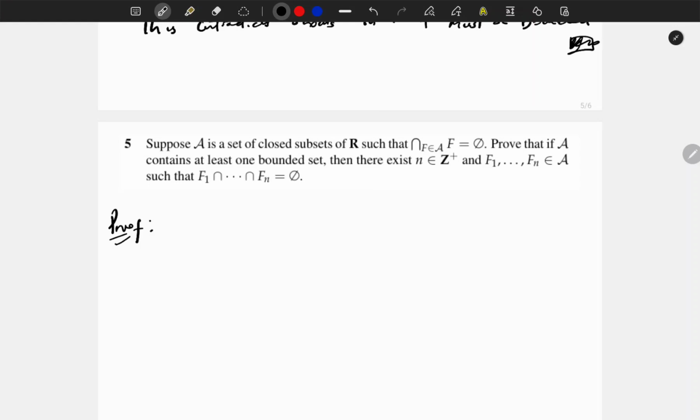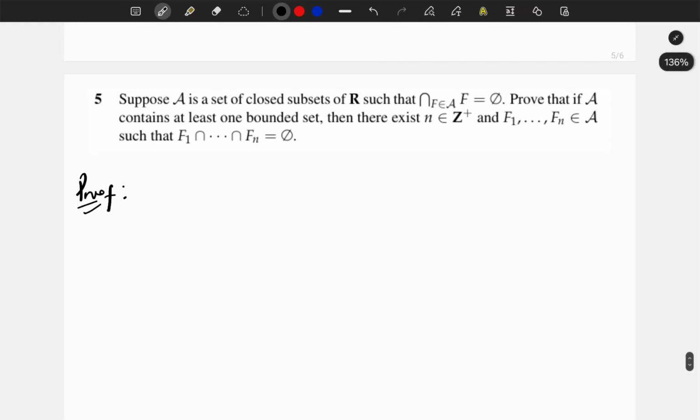So the problem asks us to prove that if we have a collection of closed subsets of R with empty intersection and at least one of these sets is bounded, then we can find a finite number of sets from this collection whose intersection is empty, and this is related to the finite intersection property and compactness in topology also. However, let's just stay within our real analysis.